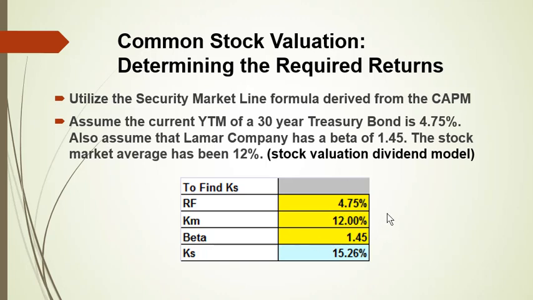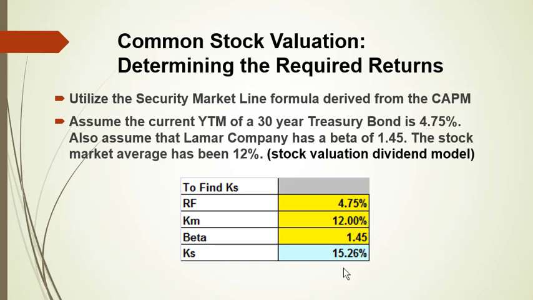Plugging that into the stock valuation dividend model worksheet, we get a required rate of return of 15.26%. And again, there are other techniques that we could use. In the end, if we had more than one technique, we could average them together and take a consensus of what the different techniques say.